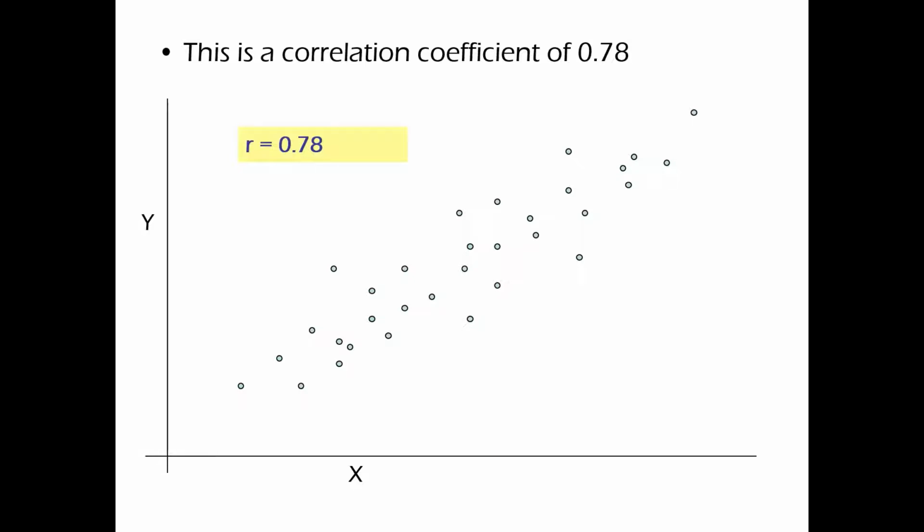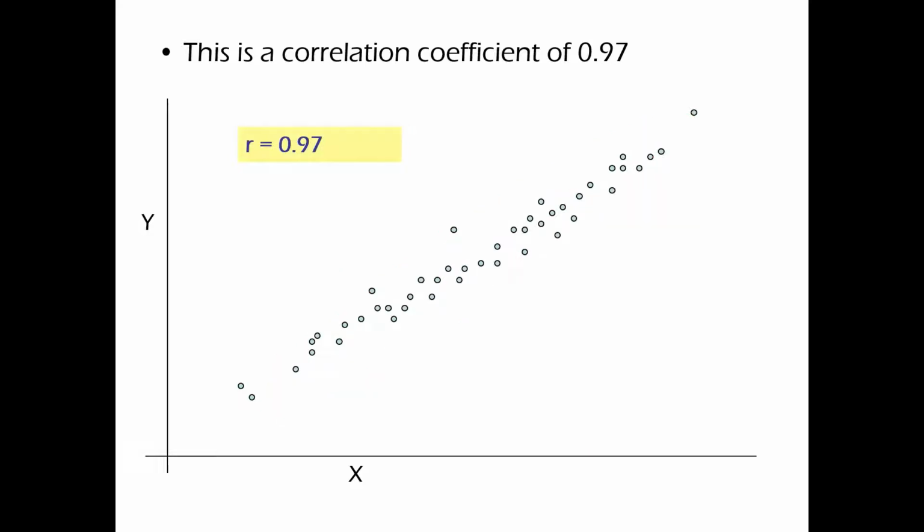Now the R value increases to 0.78. The dots become less scattered around the increasing trend line. Now, when R goes to 0.97, the dots are even less scattered around the trend line.